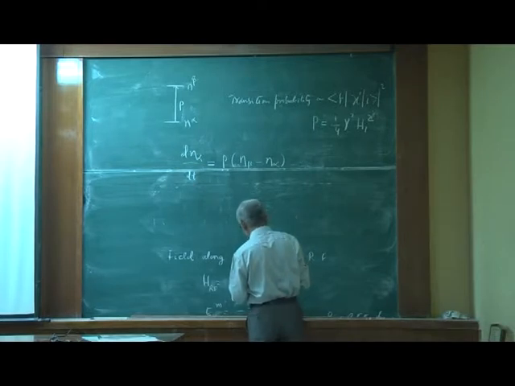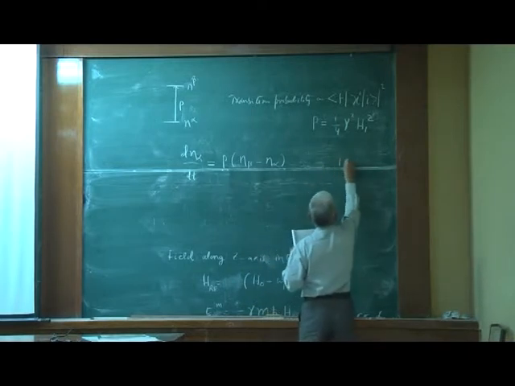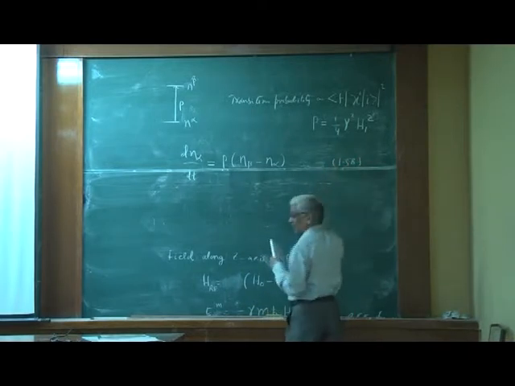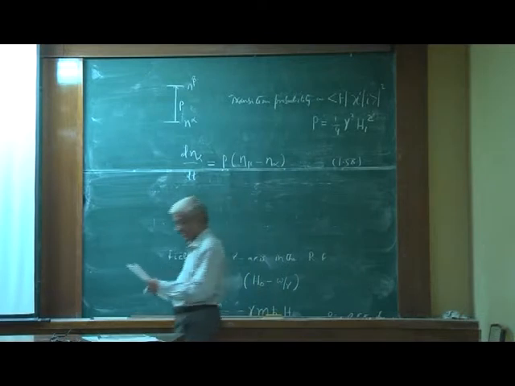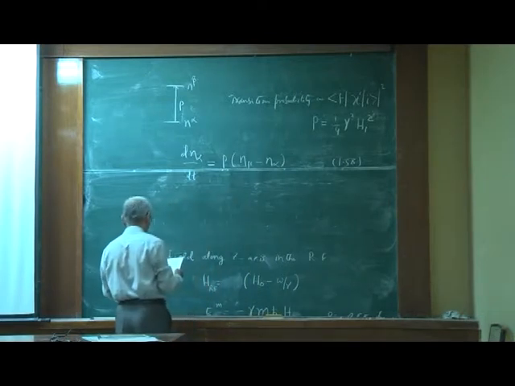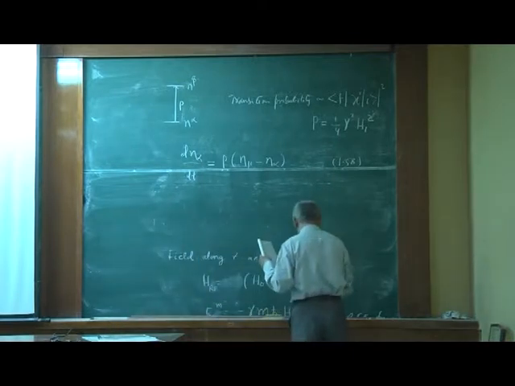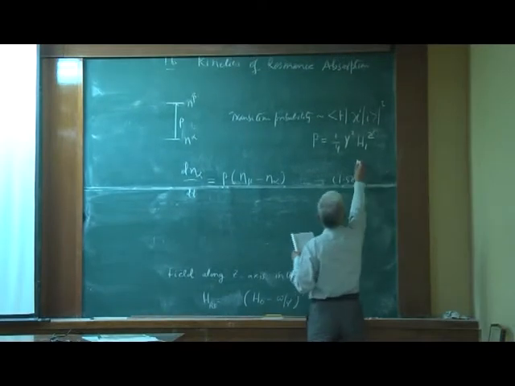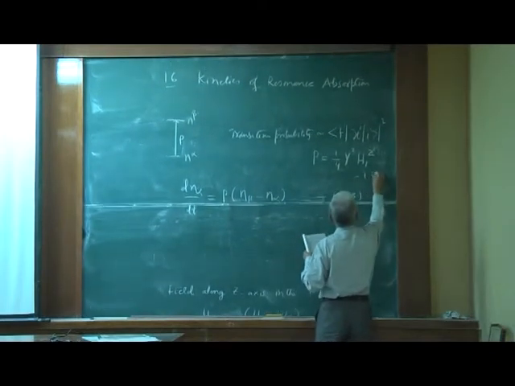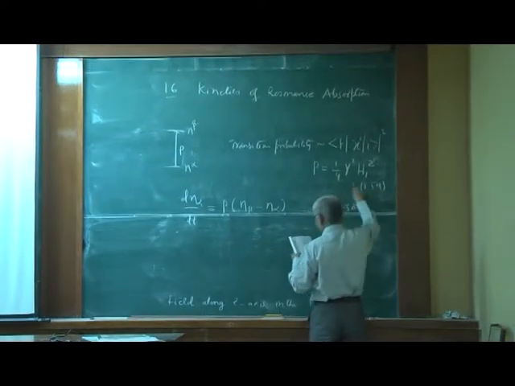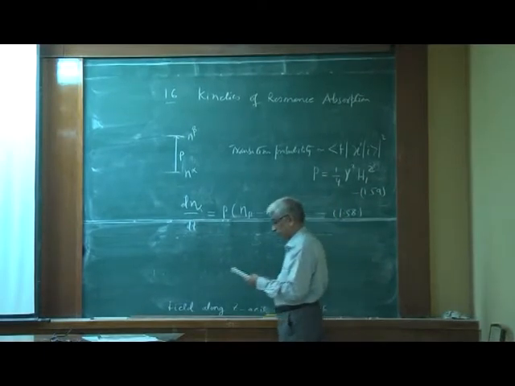What is the equation number I have here? 1.58. 47 was last. So this is 1.59. I had written it afterwards, but it doesn't matter.